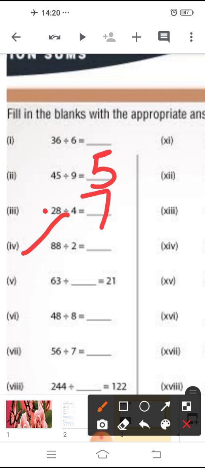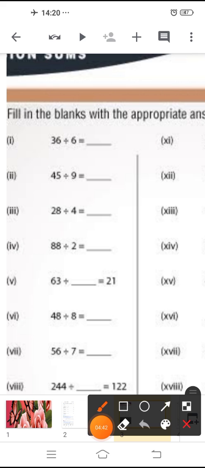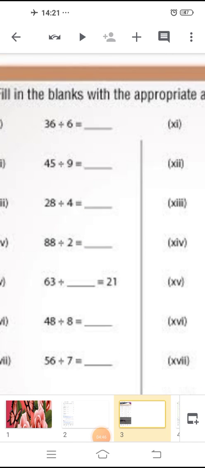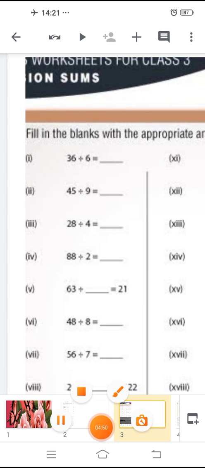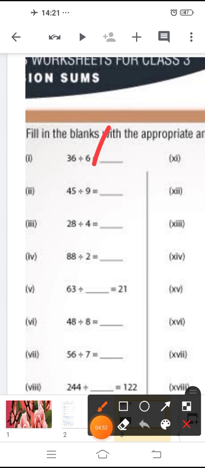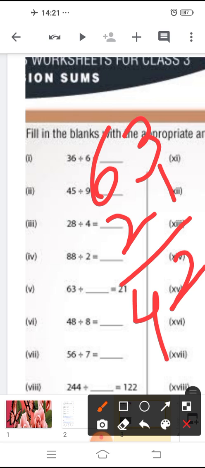Now what can we add to 63 that will give you 21? So what can you do? Yes, here it is a plus sign. If we want to find this out, we can do 63 minus 21, that will give you 42.